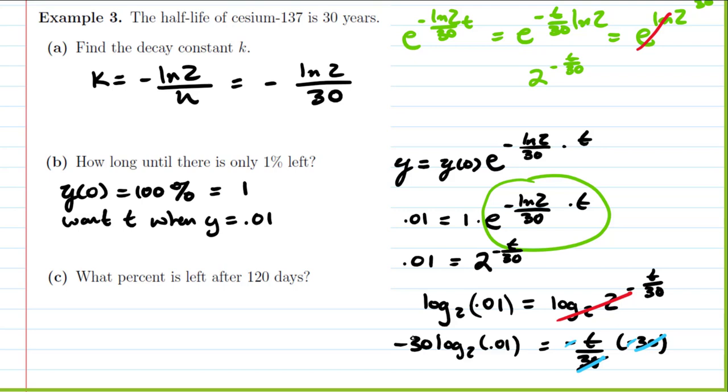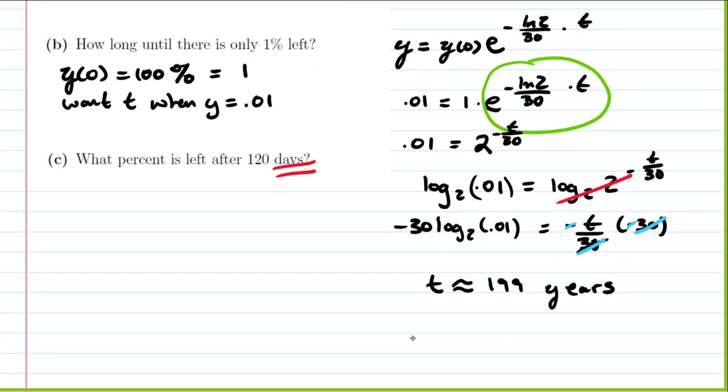What was our original time given in? And what are we asked here? So we can't just put in 120 or we're going to get a lie, right? Because if we put 120 in, it's going to tell us how much is left after 120 years, not how much is left after 120 days.